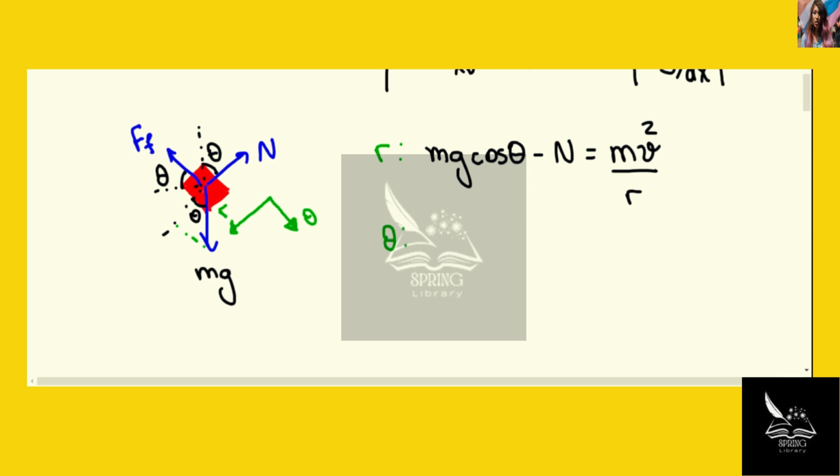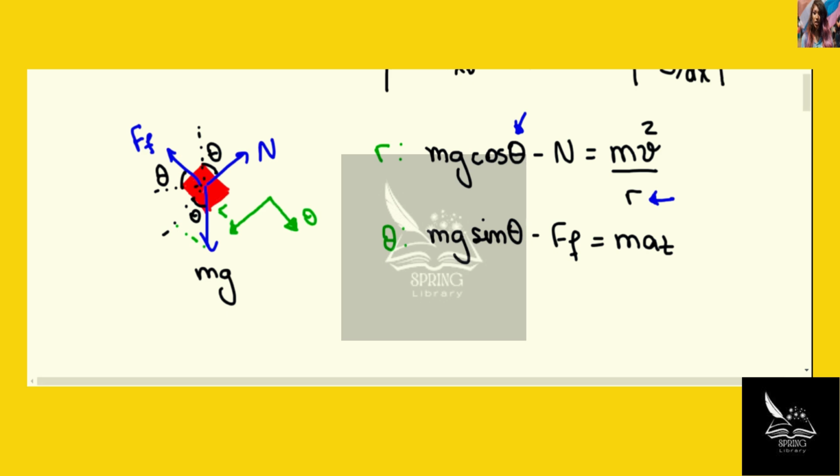In the theta coordinate, the tangential coordinate, we have mg sine theta minus the frictional force is equal to m times the tangential acceleration. Notice that there are two things here that we still don't know. We don't know what r is, we don't know what theta is, and of course we don't know what the normal and the frictional force are, but that's what we're going to find out.